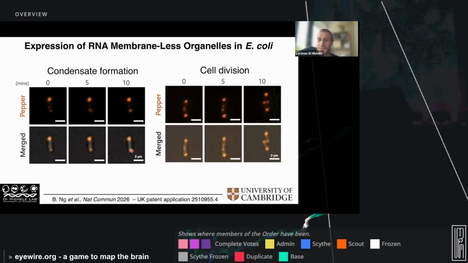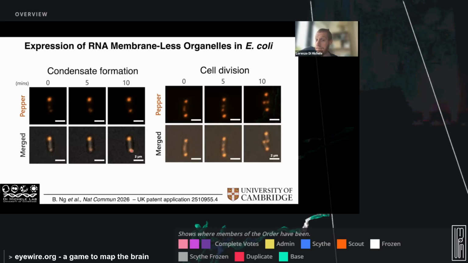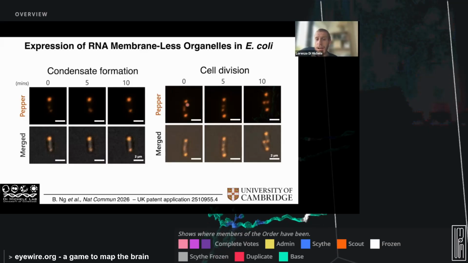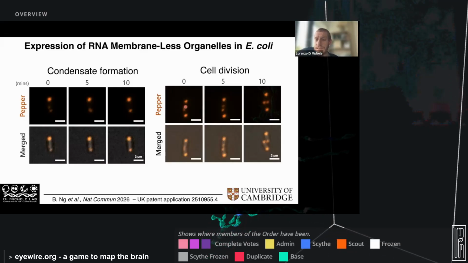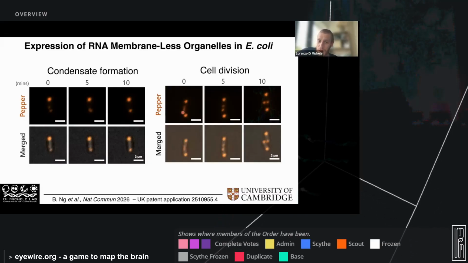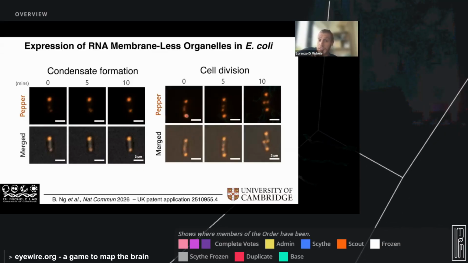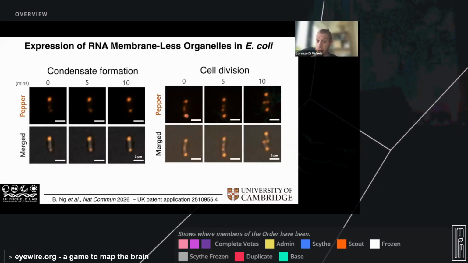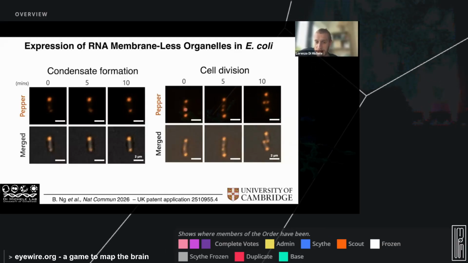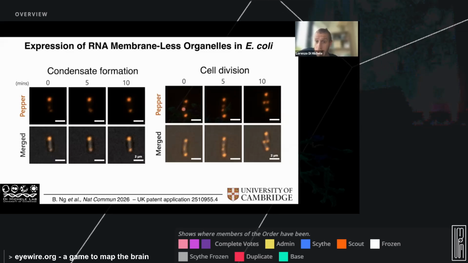Another interesting thing to notice is what happens when cells divide. You might remember from a couple of slides back that some cells have a third condensate, and not just two at the poles, but a third one as well. And we think that those are cells that are approaching division. As the cells approach division, you tend to see a third fluorescent spot forming in the middle.